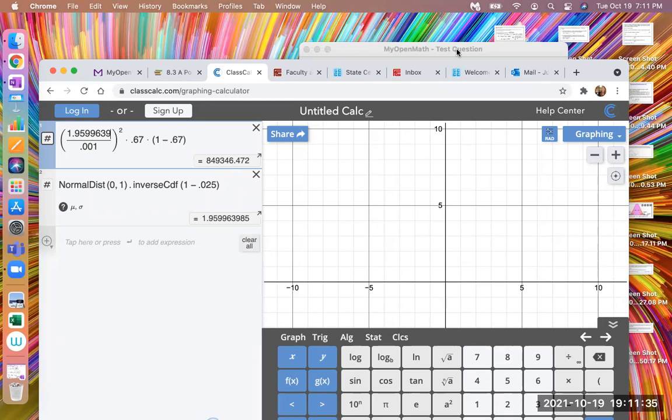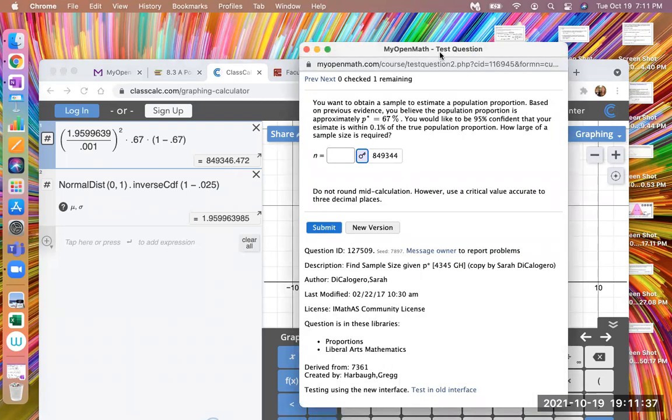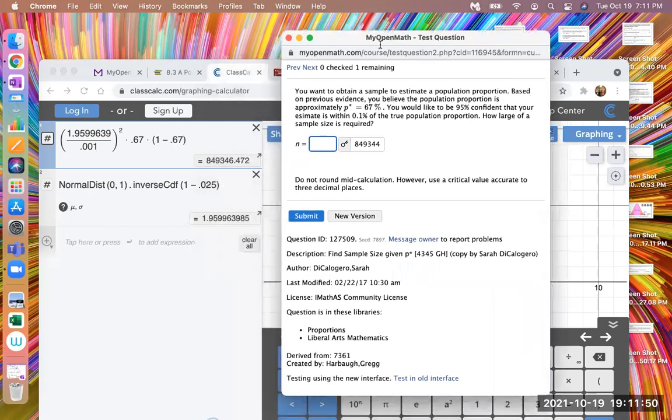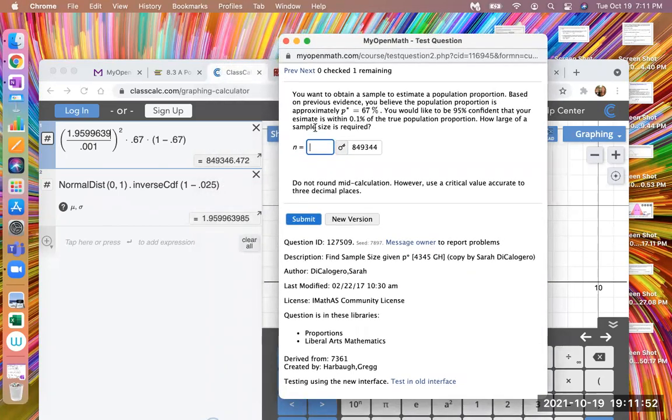I might email them about this particular problem because I'm not sure why. With us being so accurate to so many decimal places, I wonder if it will be like, oh, this is a close enough answer, because sometimes it does that. Well, mine was really different when I had 1.96.